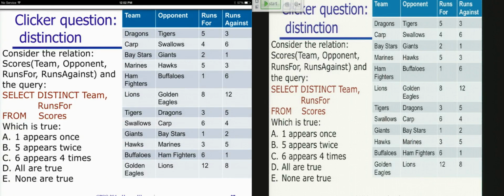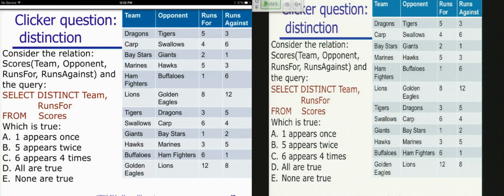Question? What if I put distinct in front of runs for? So distinct is going to go through everything inside that tuple. So you can't say, I want this to be distinct on its own. If you want that to be distinct, then you can take out the team.